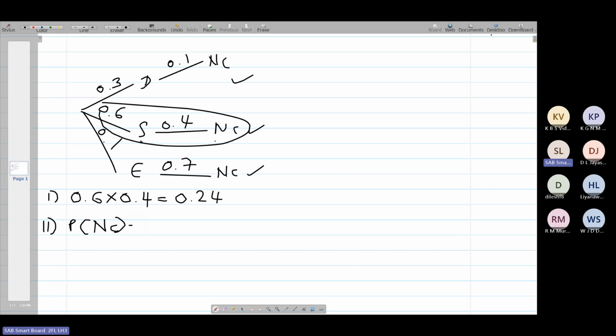The first one is 0.3 into 0.1, plus 0.6 into 0.4, then plus 0.1 into 0.7. What is the answer? 0.3.